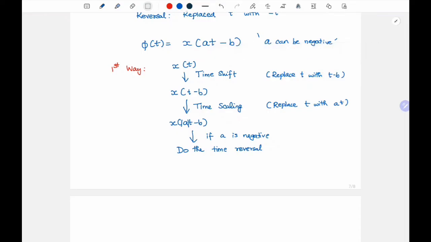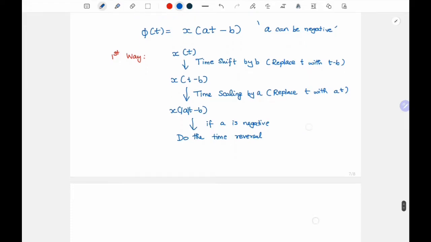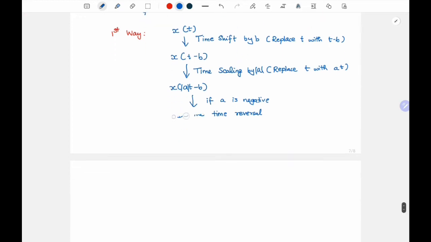And what I do here is time shift by b, right? And time scaling by mod a. And then if a is negative, do the time reversal. Then you will get x of at minus b. So this is the first way.